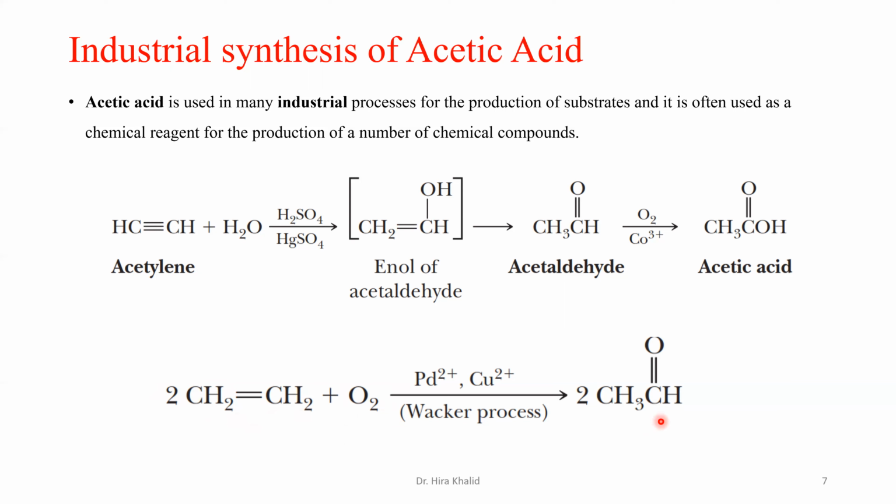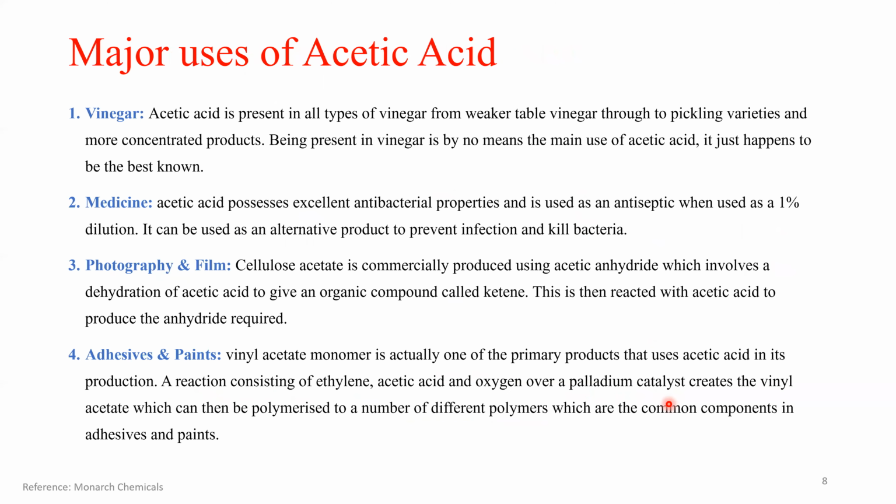Basically, the Wacker process is for the preparation of carboxylic acid. The first step converts it into the aldehyde, and on further treatment that will convert into the carboxylic acid.